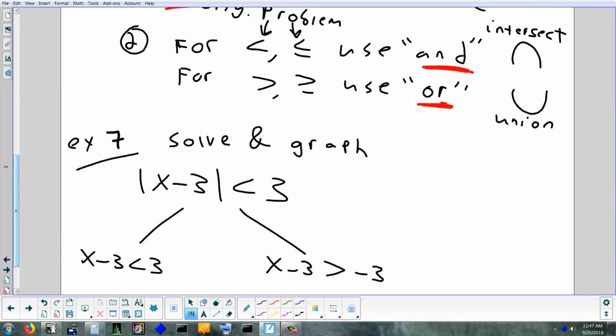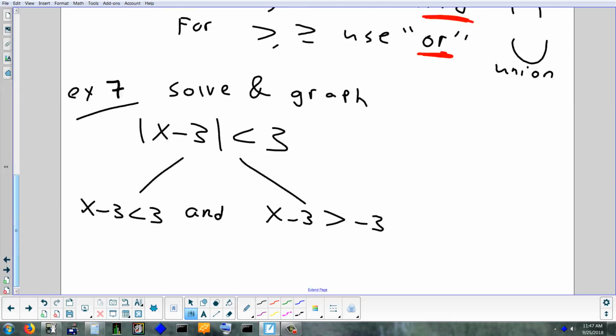And. Sometimes the way I remember it is, less than begins with an L, land. Less than is always an and. It doesn't matter if it's less than or equal to or just less than. Land. If that helps you, you can go with that. And now the steps are going to be the same to solve each one.